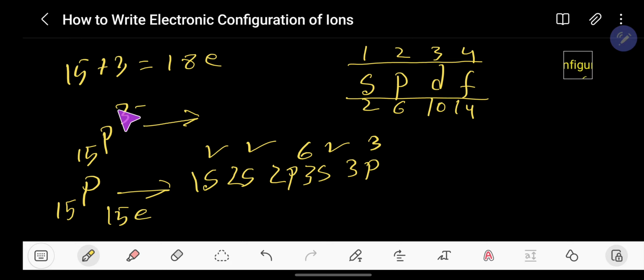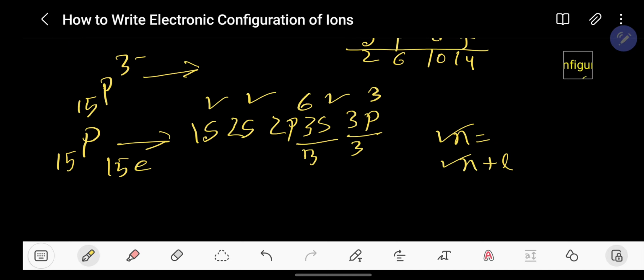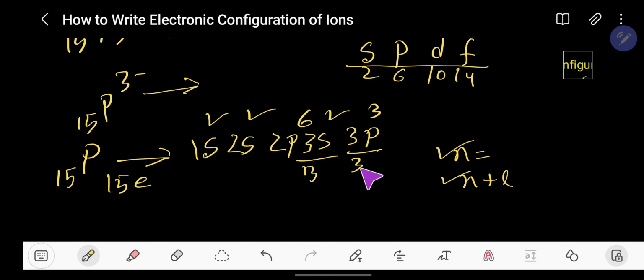So these additional 3 electrons will enter into the highest value of n, or n plus l. At first you have to look for this, then this. So the highest value of n here is 3, and here also 3. Since we are getting the same highest value of n, now we'll look for n plus l.